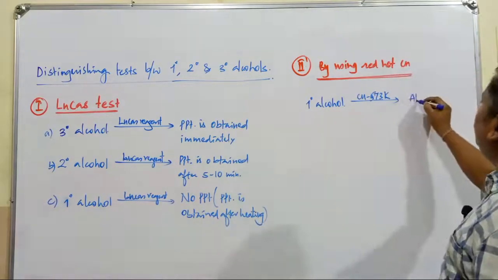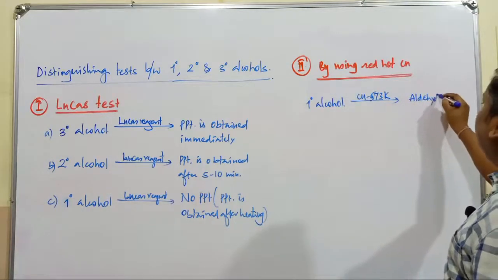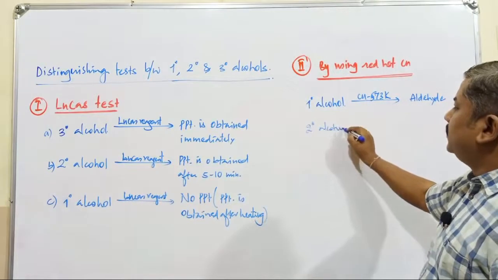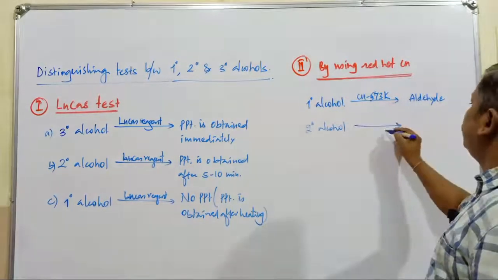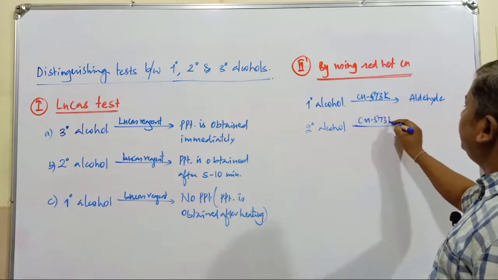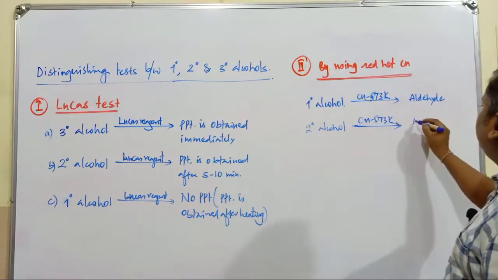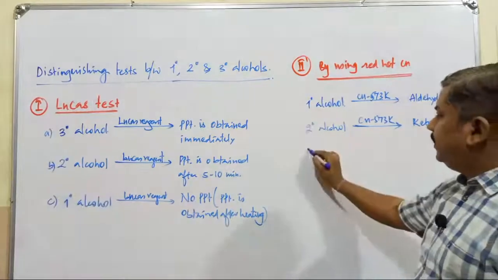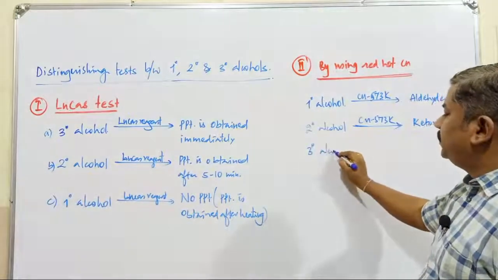The compound obtained is an aldehyde. Okay. If it is a secondary alcohol, if vapors of this compound are passed over copper at 573 Kelvin, the compound is going to be what? Ketone.